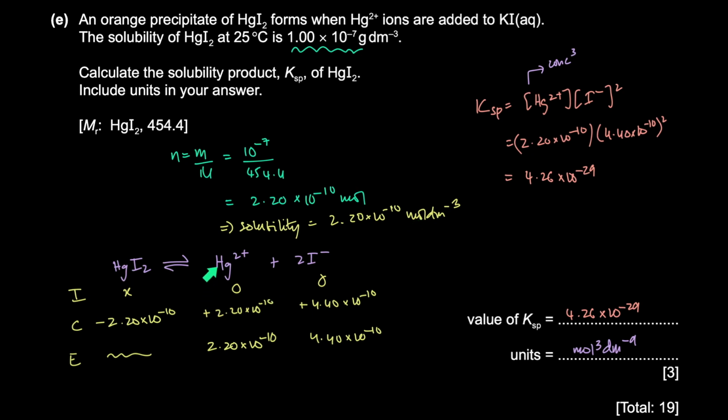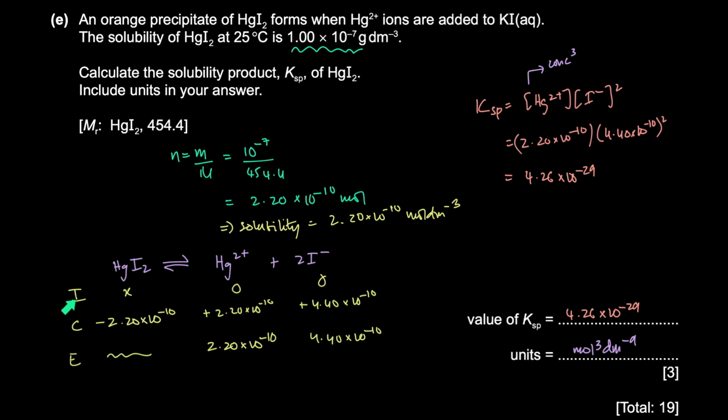Therefore the same number of moles of mercury ions were formed in solution because we have a 1:1 ratio, and twice the number of iodide ions were formed because that's a 2:1 ratio. So we figured out the equilibrium concentrations because the initial was 0 and we know this much was formed. We just add these two and we get the equilibrium amounts for the ions, which the product of these raised to their stoichiometric coefficients give us the Ksp.